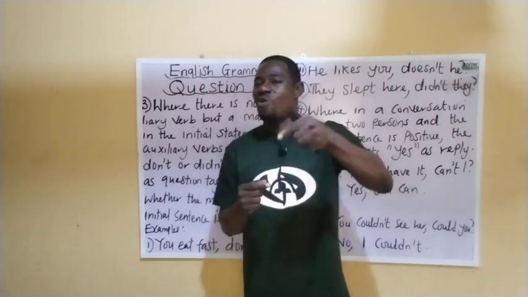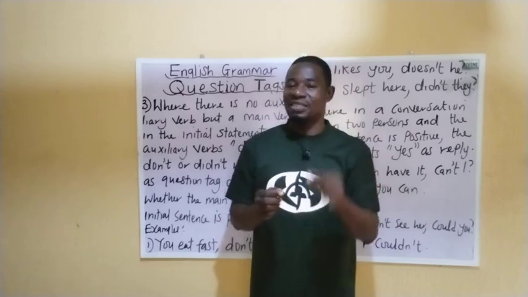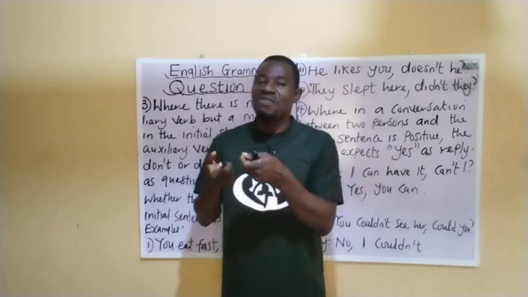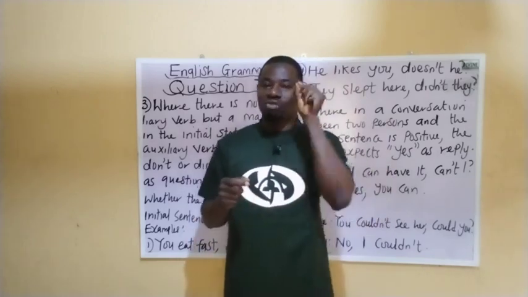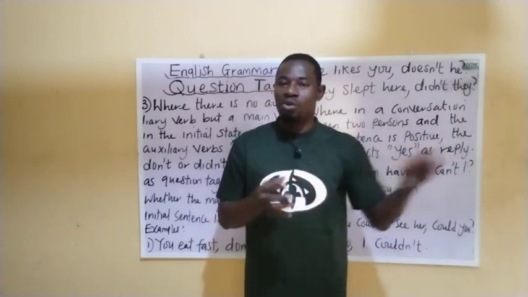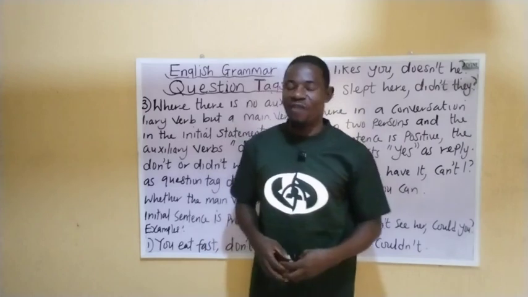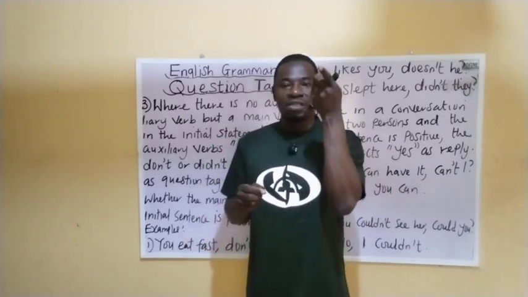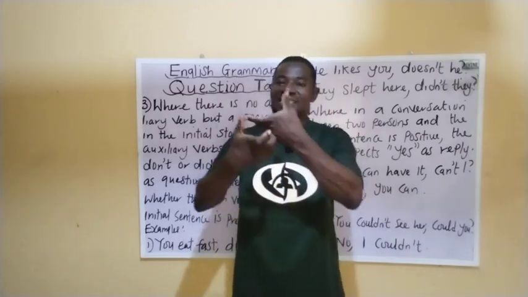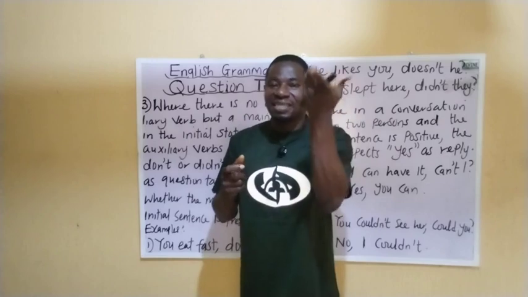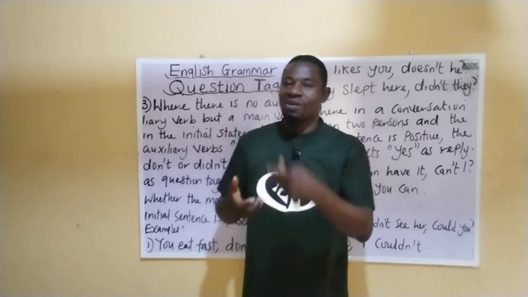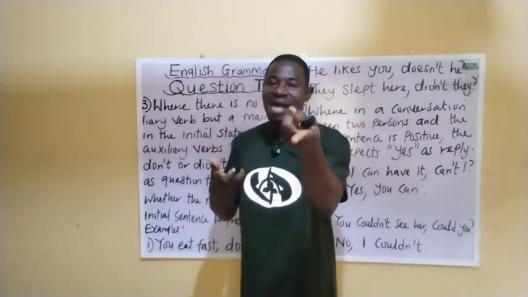Where there is no auxiliary verb in the initial statement, but a main verb, we use the auxiliary verb doesn't, don't, or didn't together with the pronoun to form the question tag. We use doesn't or don't where the statement is present tense, while we use didn't where the statement is past tense.